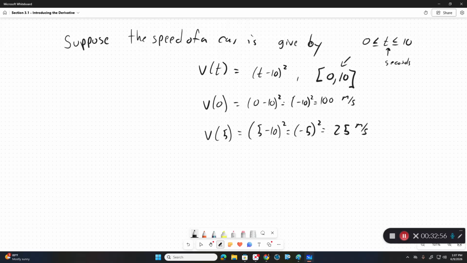So the idea is that we're going to slow down, it's going to stop. At any time value, I can tell you what. Now notice that v is the velocity. It is itself a speed. It is a rate of change. Okay? So, what would it mean to be the derivative, is my question.